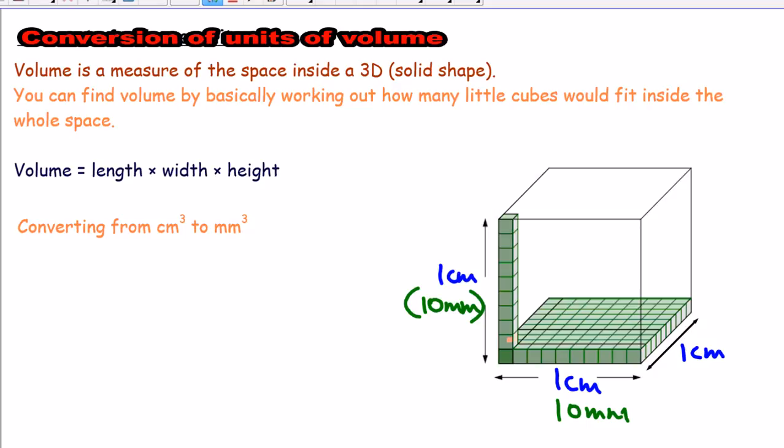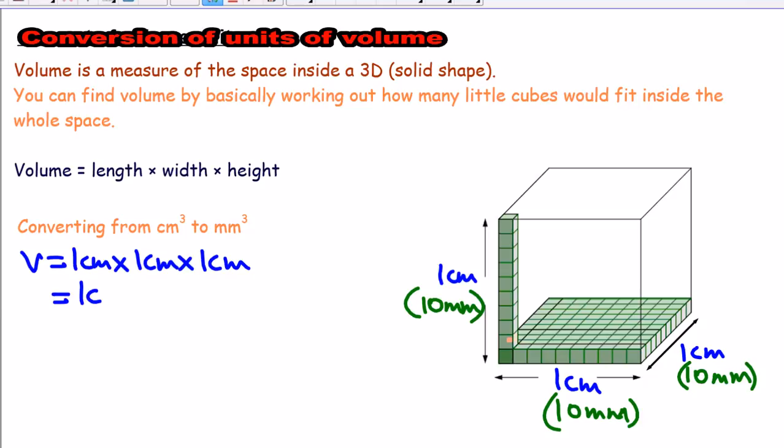So we're going to find two equivalent answers for the volume of this shape. Starting with the centimeters, volume is equal to 1 centimeter multiplied by 1 centimeter multiplied by 1 centimeter, which will be equal to 1 centimeter cubed.